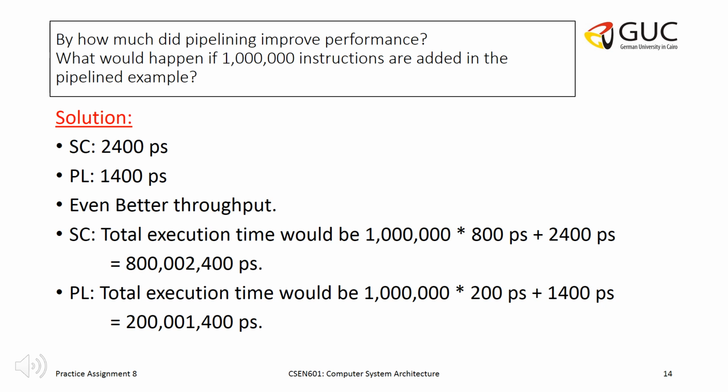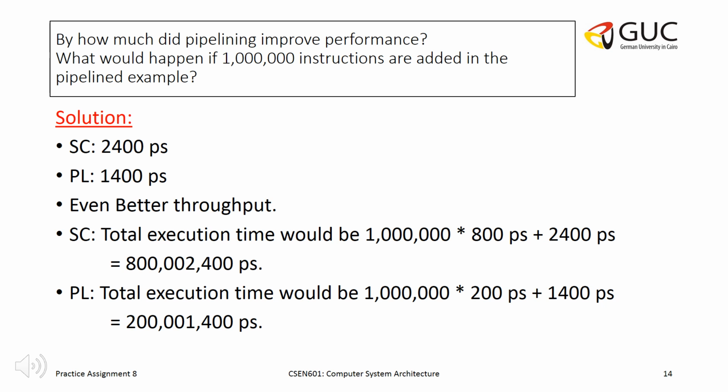If we compute the ratio, it will be a very big ratio. Why? Because as we increase the number of instructions, we will of course notice the big difference in time.